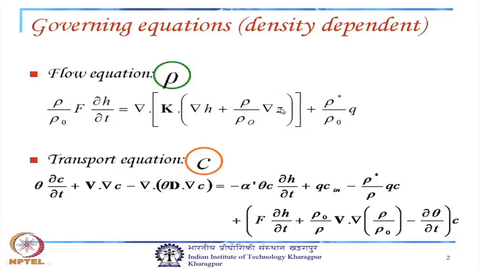This defines the axis direction, because in the z direction we need to consider one extra component in case of Darcy's law. Rho star is the density of the injected or extracted source or sink, and q is the discharge rate of the source or sink.